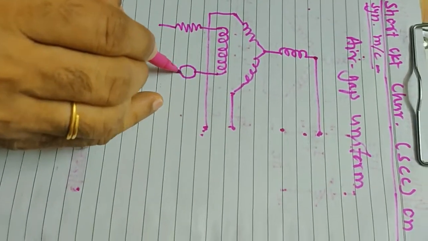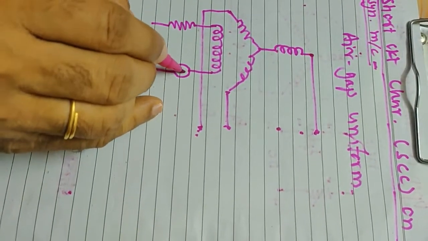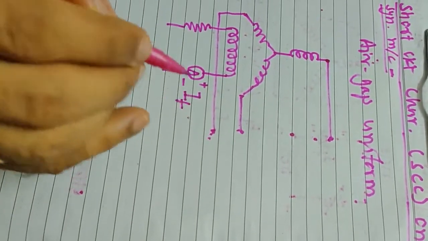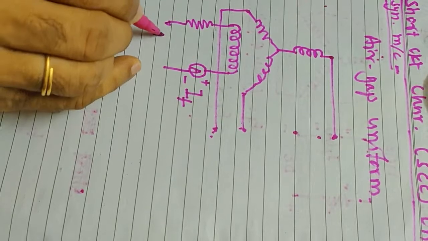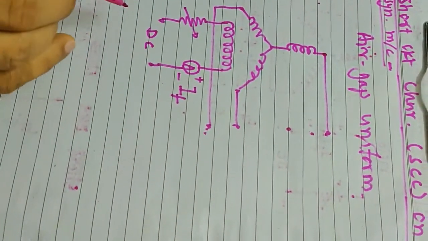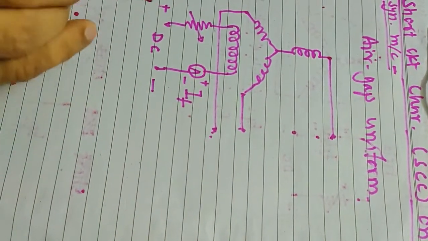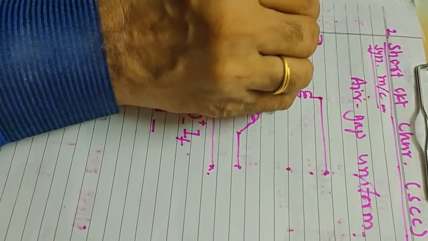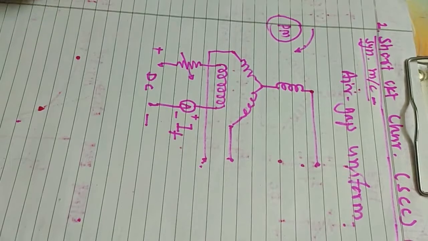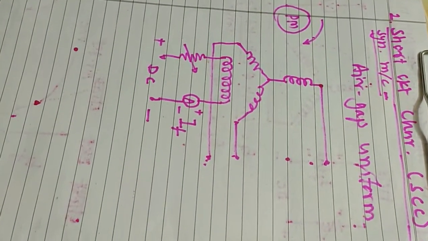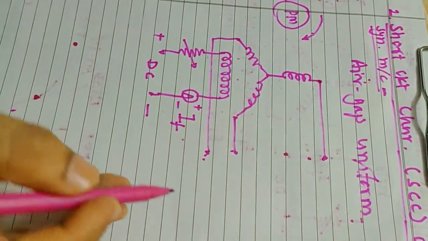We measure the exciting current IF using this DC ammeter. This is the DC voltage, and this is the variable resistance. This is the experimental setup, and the prime mover may be here. The prime mover is any device providing mechanical power to the generator.